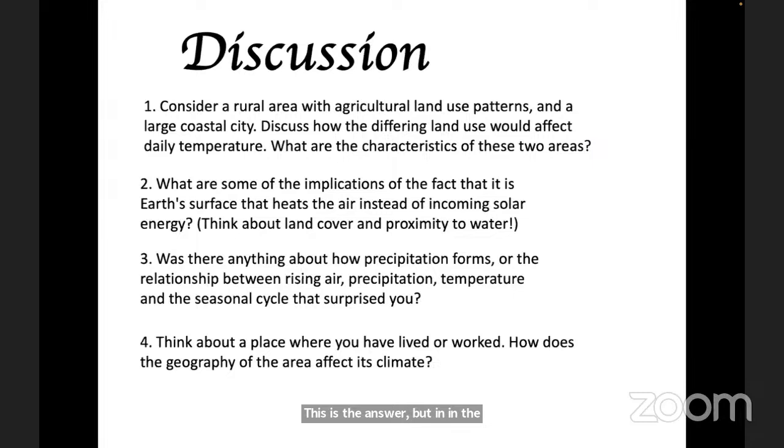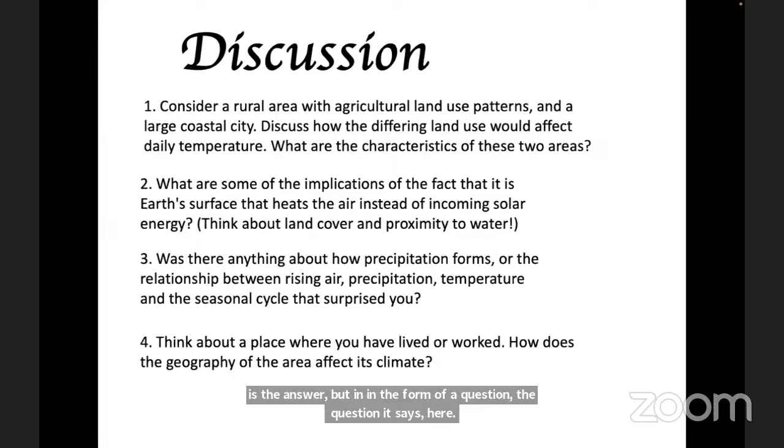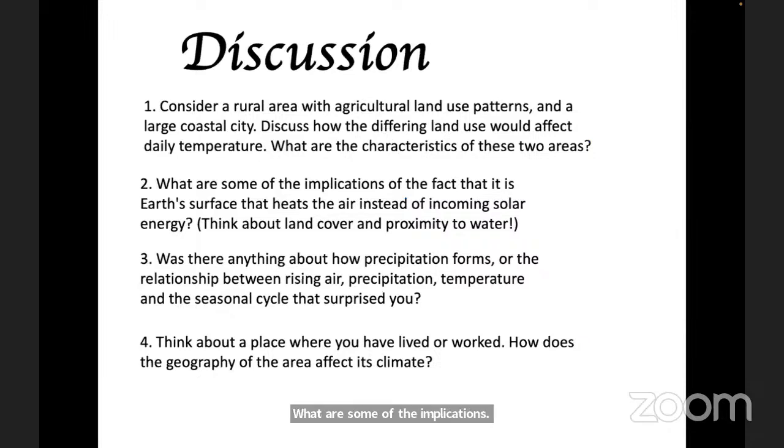The question says here, what are some of the implications of the fact that it is Earth's surface, not the sun, Earth's surface that heats the air instead of the incoming solar energy? What is the implication? Again, I raised one already in the form of a question, but yesterday we also talked about one of the implications in terms of summer temperature in Europe and America. So I think you can think about that.